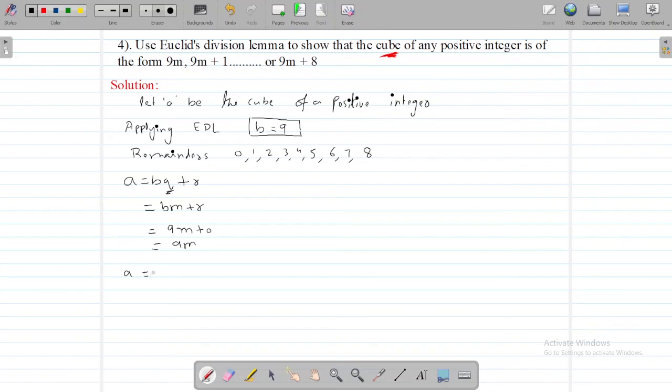Similarly, I will be writing a is equal to 9m plus 1.